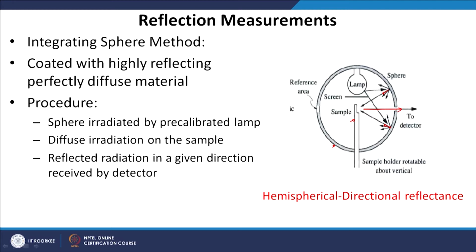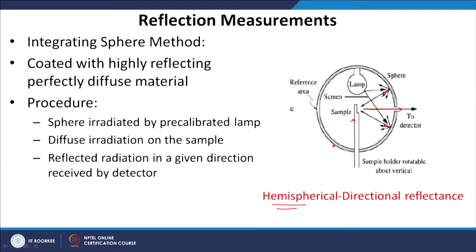So, the sample is illuminated from all directions, so hemispherical, and there is only a slit in a given direction. So, we are measuring the radiation escaping in a given direction. This experiment gives you hemispherical directional reflectance in a very simple way.